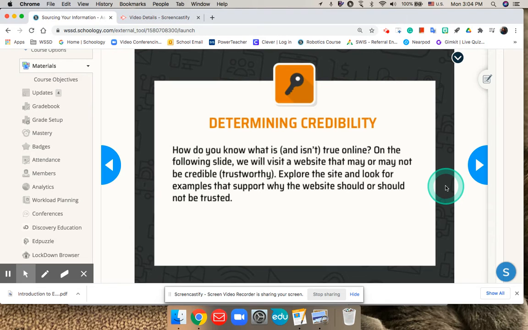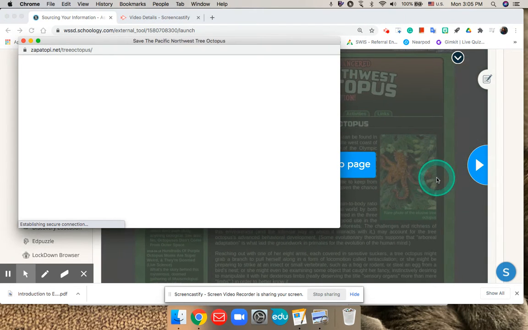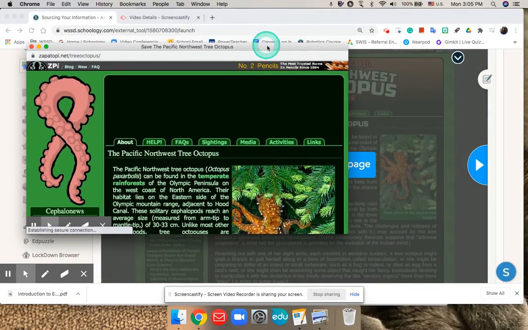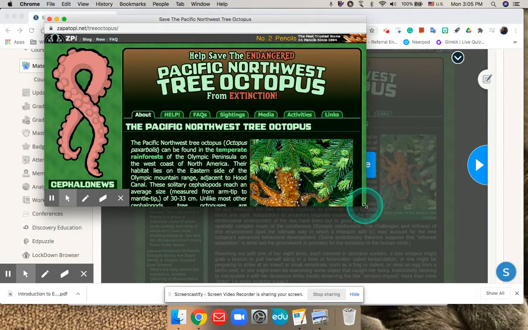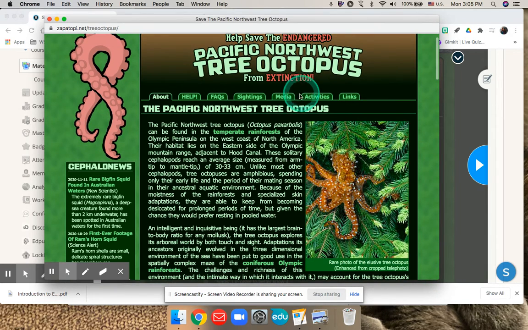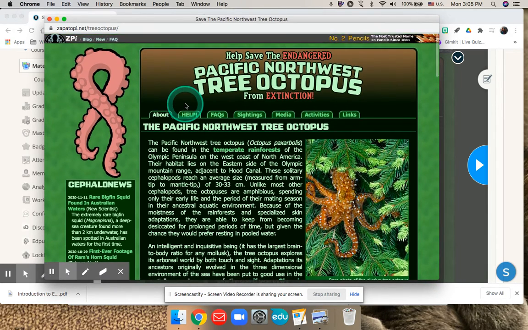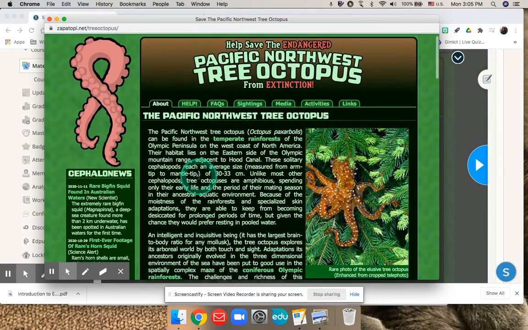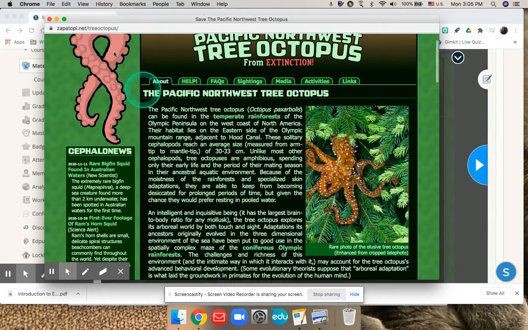On the following slide, we will visit a website that may or may not be credible or trustworthy. Explore the site and look for examples that support why the website should or should not be trusted. And it's going to take us to this website, and mine opened up in a new spot, but this is about the Pacific Northwest tree octopus, and the website's up here.